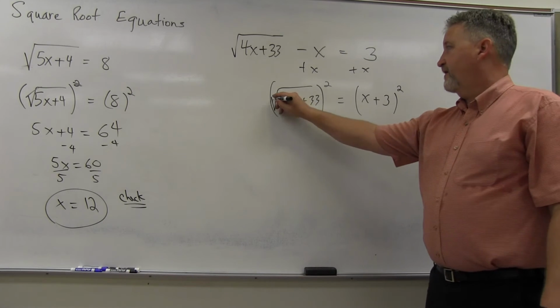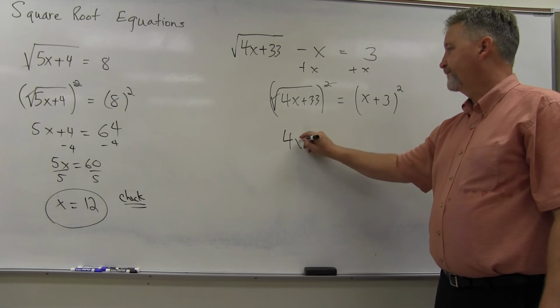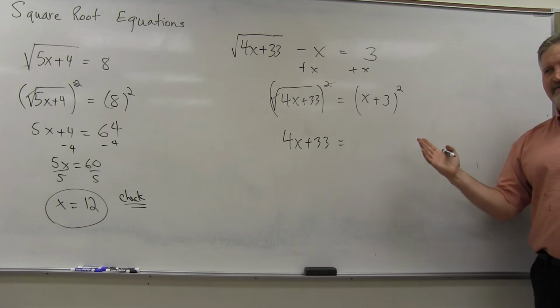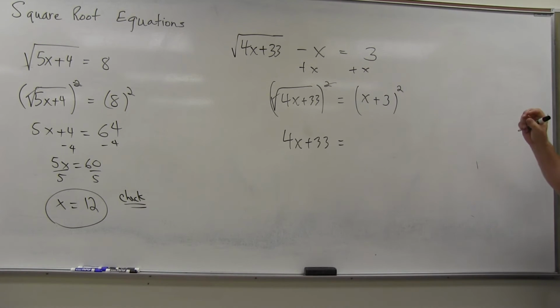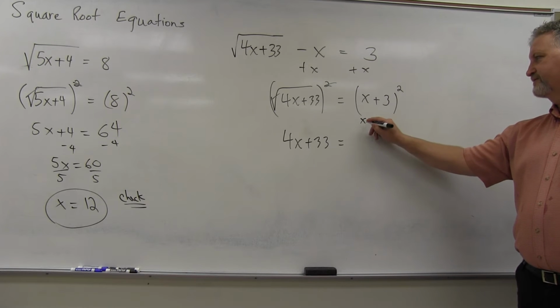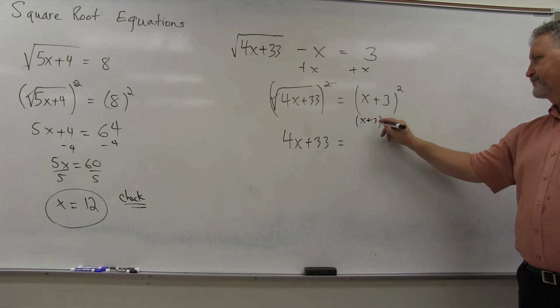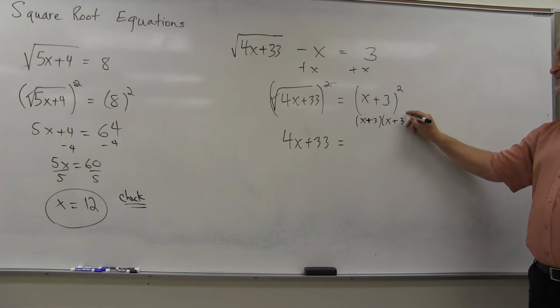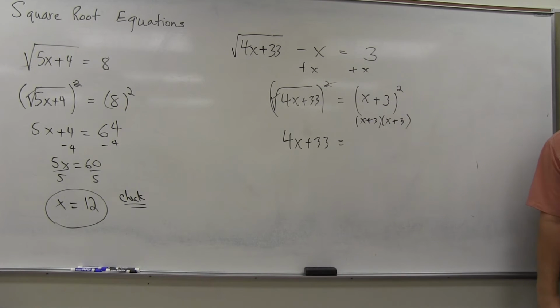And the square root and the square, this side works out nicely. Now this side is a little more complicated, isn't it? But all you have to do on this side, if you know the rule, is a shortcut, I guess you might call it. But really what this means is x plus 3 twice.